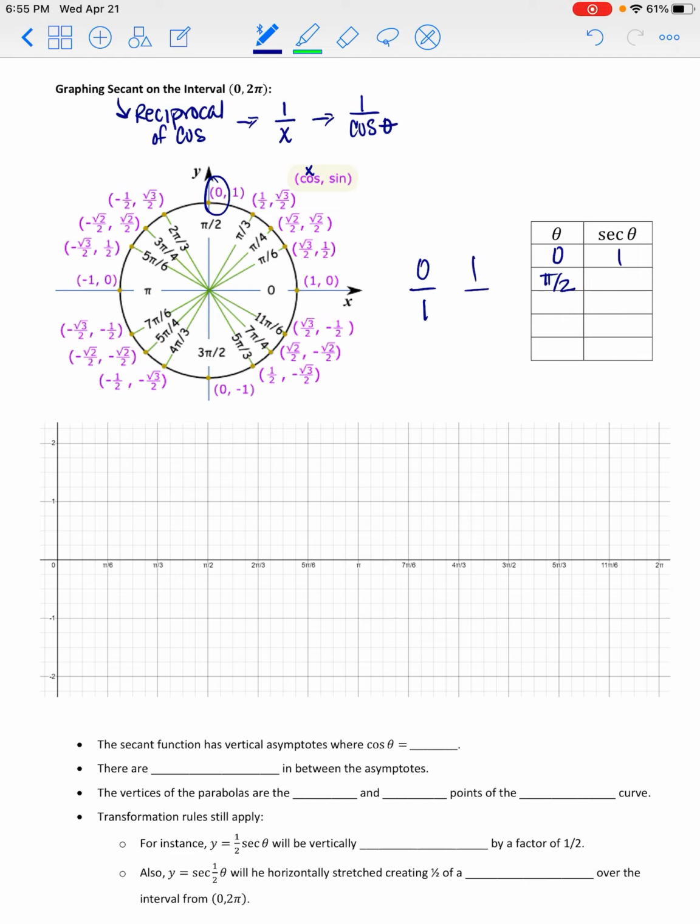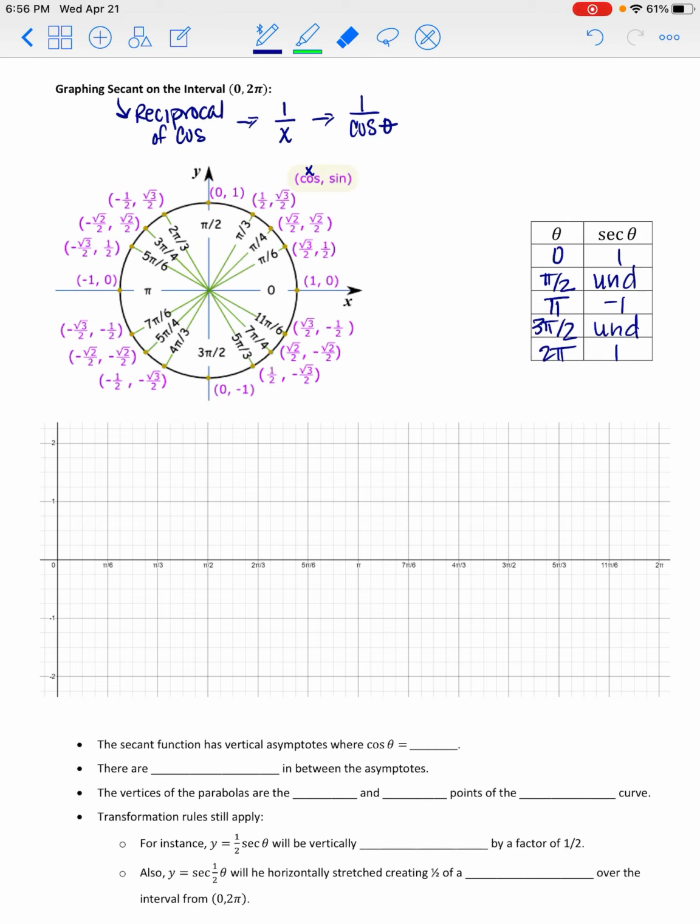That's going to be 1 over 0, which is undefined. And if we go to pi radians, the cosine is -1. The reciprocal of that is still -1. And then we're going to go to 3 pi over 2. The reciprocal of 0 is not defined. And then full circle back to 2 pi, we get back to where we started at 1.